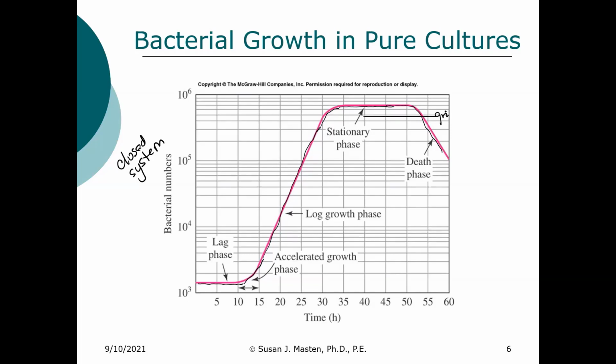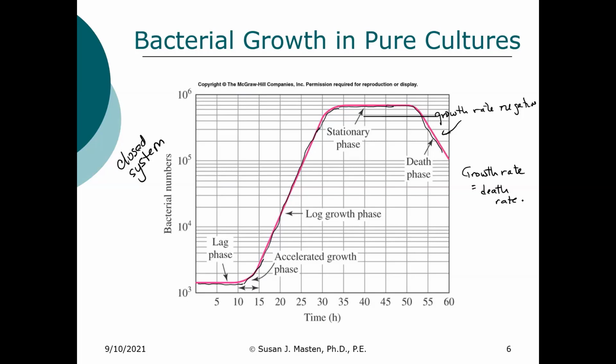So the growth rate is negative. It's declining. The stationary phase, the growth rate is equal to the death rate. So they're dying off at the same rate that they're growing or proliferating.